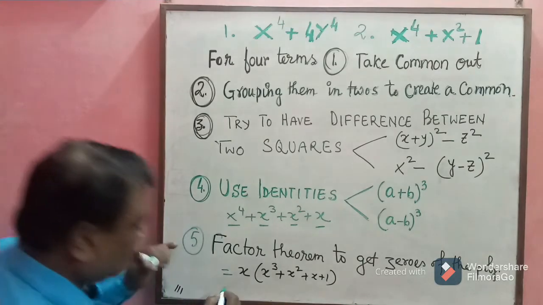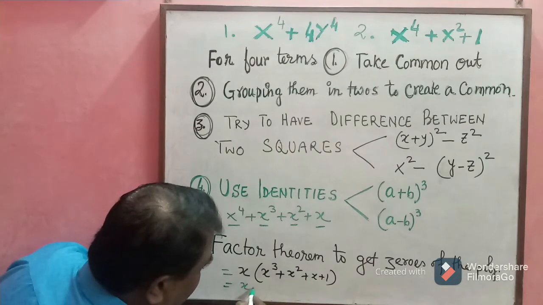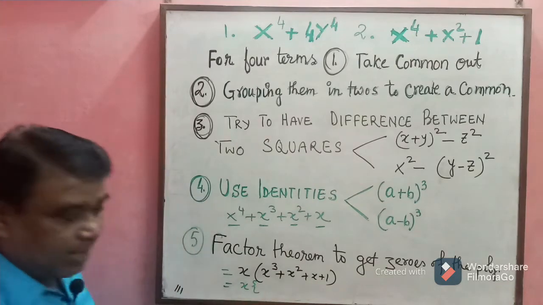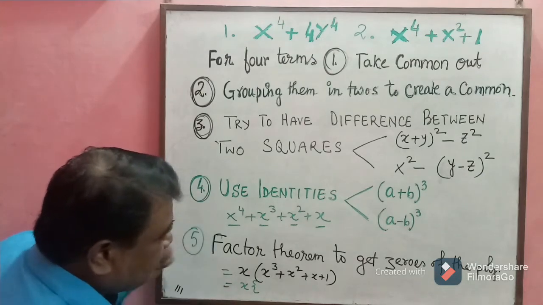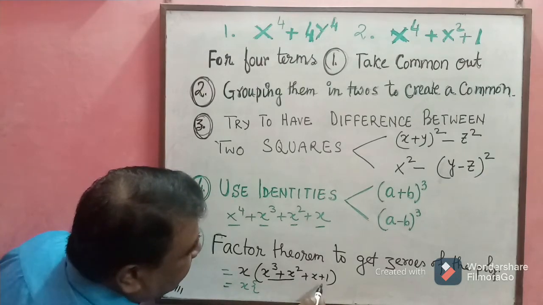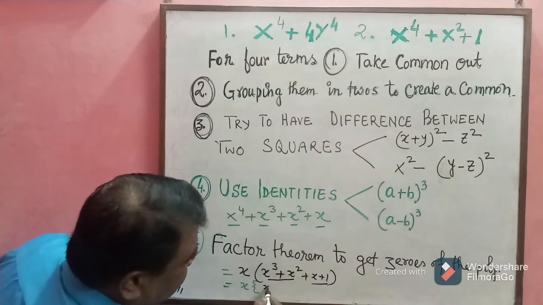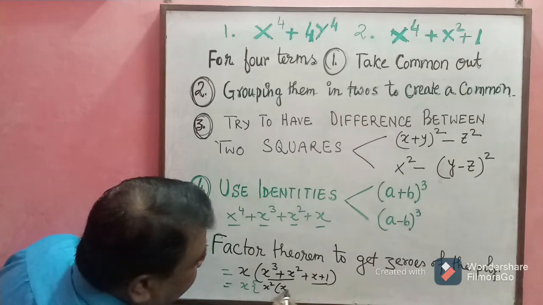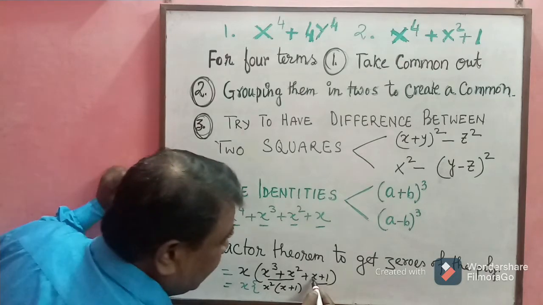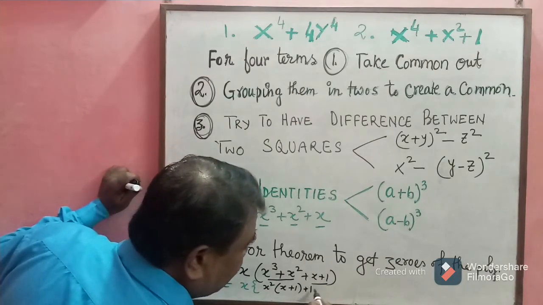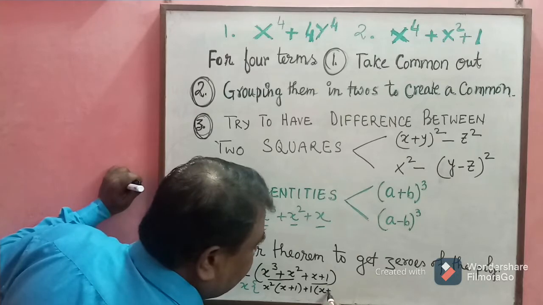Let's see. Here x, you put a bracket again. Then these 2 terms, if you group this together, this is already grouped, I think. If you take x square common, this will be x plus 1. If I take 1 common here, this is again x plus 1.